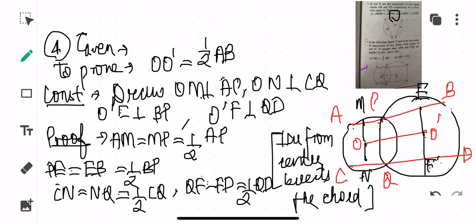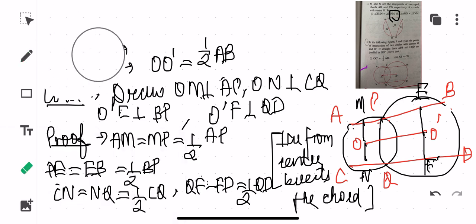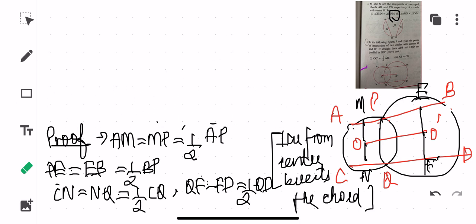Now we'll be just erasing this. Now we'll be writing that OO dash, which is there, is actually equal to what, children? If you look into the figure, this is actually equal to ME.